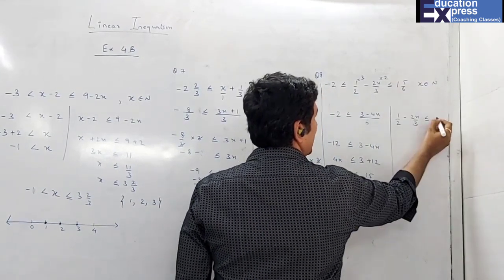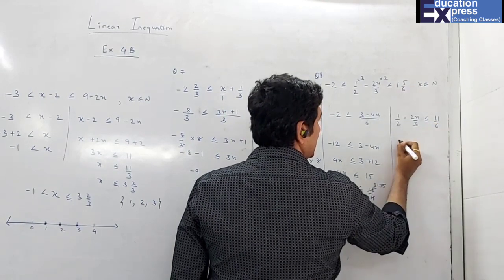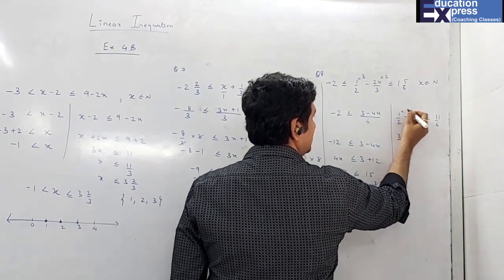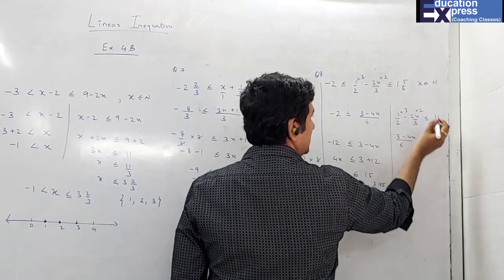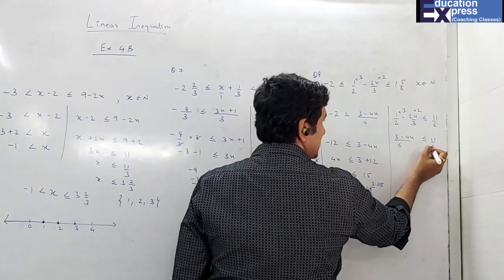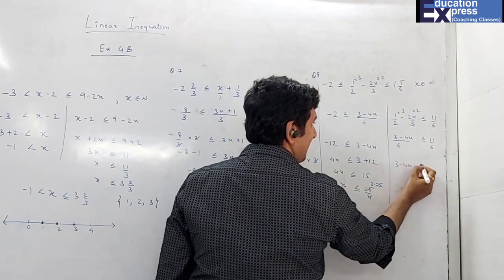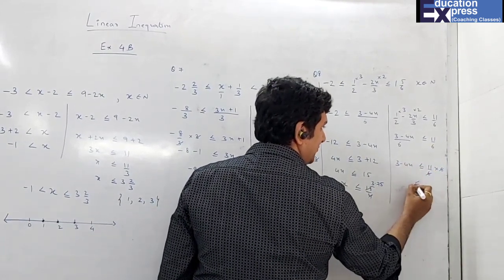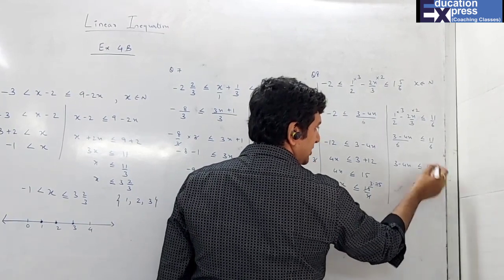On the other side, now this 2, half minus 2x upon 3. 6 minus 6 plus 5, 11 upon 6. So LCM 6, 3 minus 4x into 11 upon 6. Again cross multiply. x is negative, I have to make it positive by changing the sign.